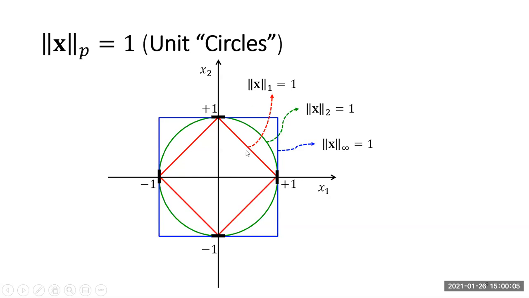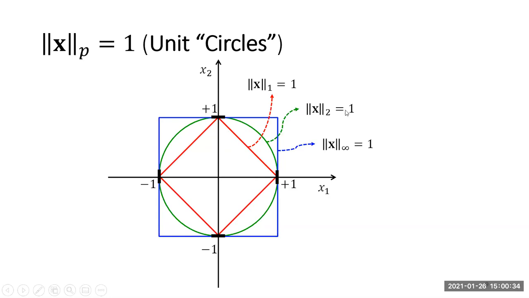So for this vector, the L1 norm is 1. Each vector connecting the origin to that point, I'm using the words point and vector interchangeably. Everywhere on this red diamond, the L1 norm is 1.